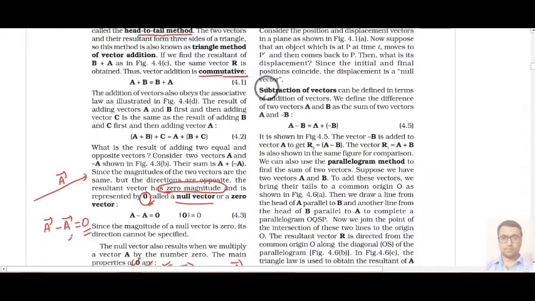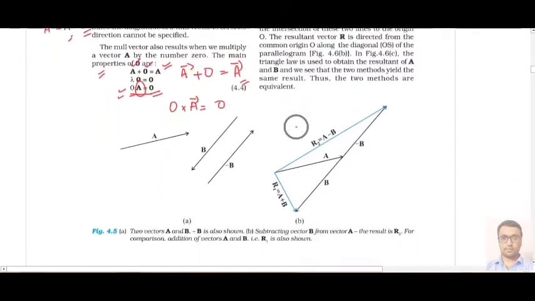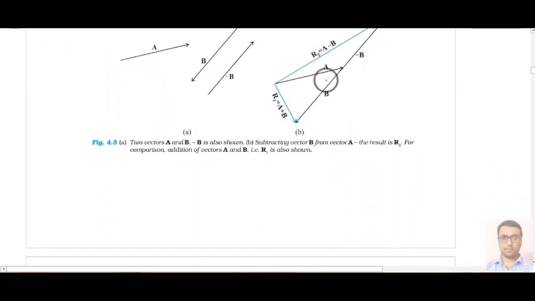Next property is how to subtract two vectors. For example, if we are given two vectors A and B, suppose this is vector A and this is vector B, and we want to get A minus B, means we want to subtract vector B from A. Then how do we write it?